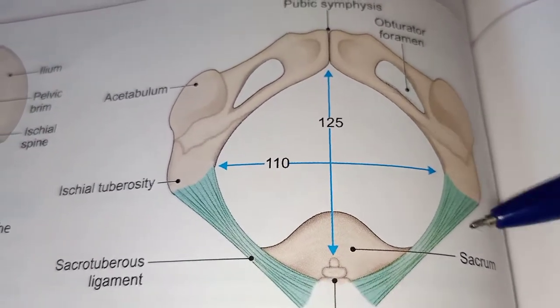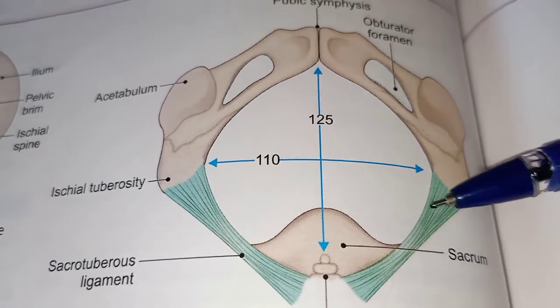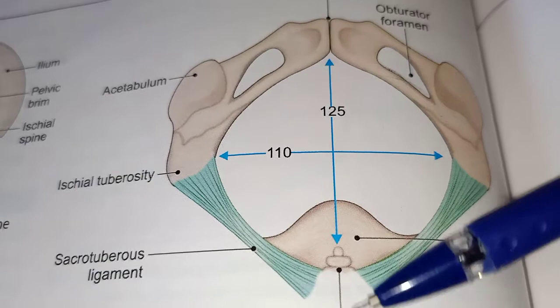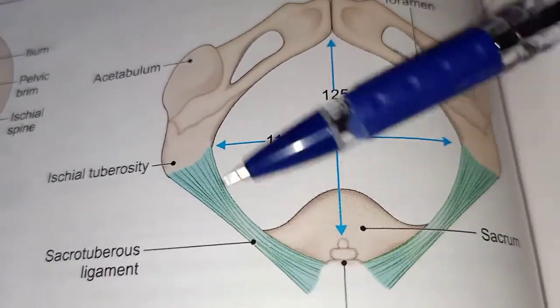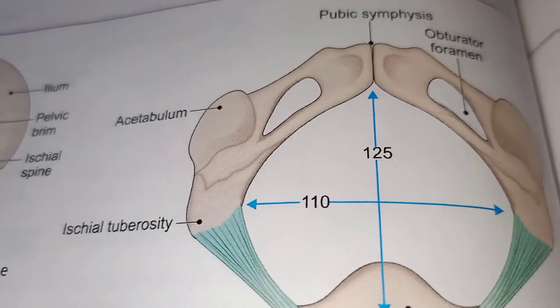Then on the back side would be the lateral margins of the sacrum and the coccyx and the sacrotuberous ligament, that is from the sacrum to the ischial tuberosity, known as sacrotuberous ligament, as the name suggests.